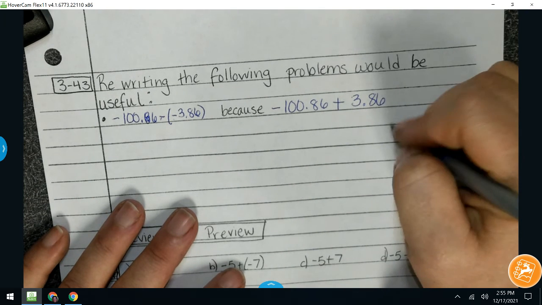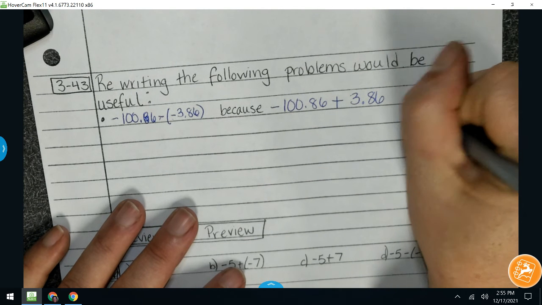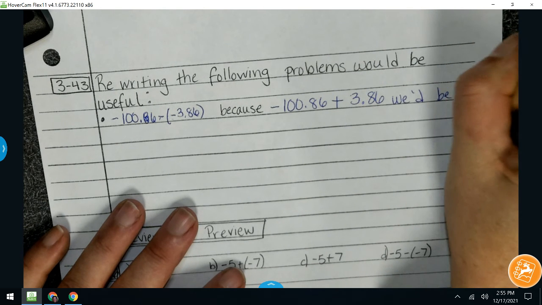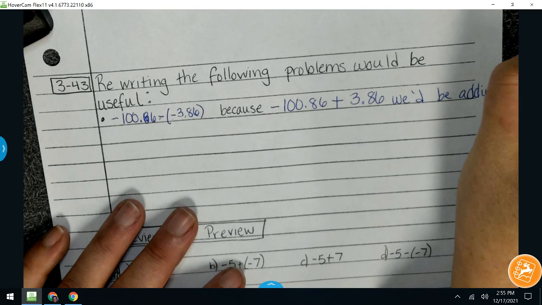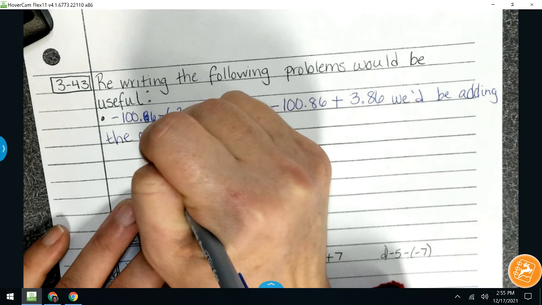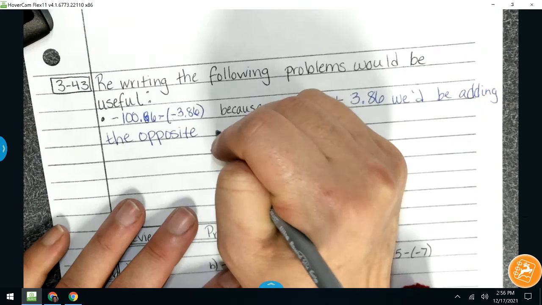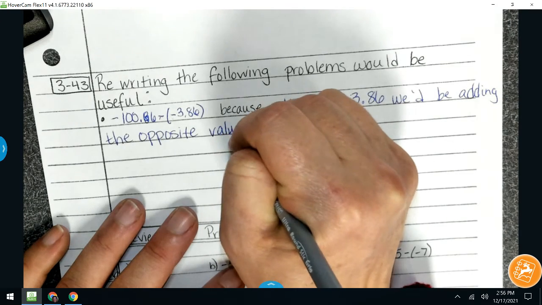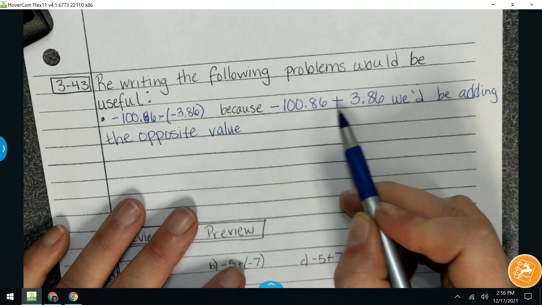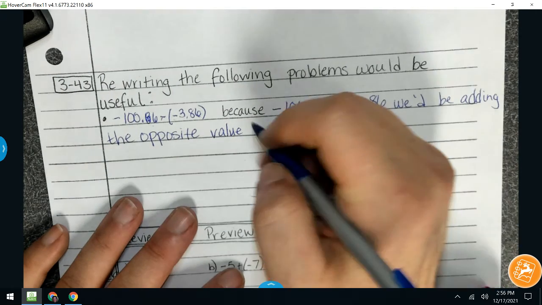So, because we'd be adding the opposite value. Because this is negative, and if we add this positive, it helps me to be able to do that easier.